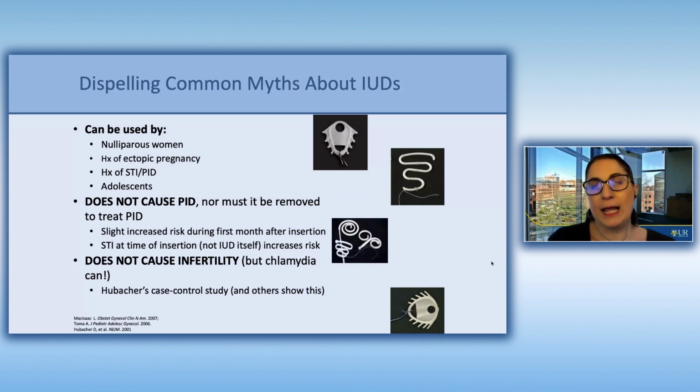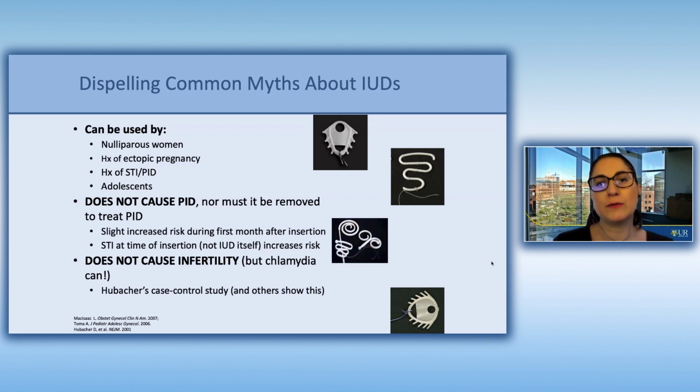And the American Academy of Pediatrics, the Society of Adolescent Health and Medicine, and the American Congress of Obstetrics and Gynecology all recommend that LARC, including IUDs, be offered to adolescents. They do not cause PID, nor must they be removed to treat PID.